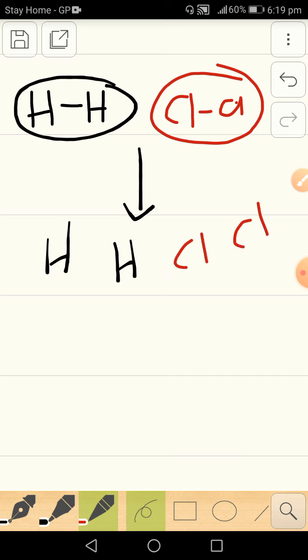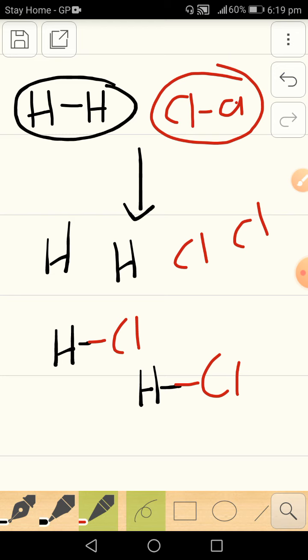So the bonds are broken. Look, here the bond is present, but here the bond is absent. The bonds are broken and the atoms are now separated. Now the atoms get joined together like this: H-Cl, H-Cl.